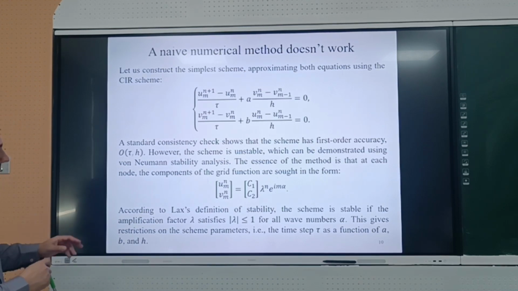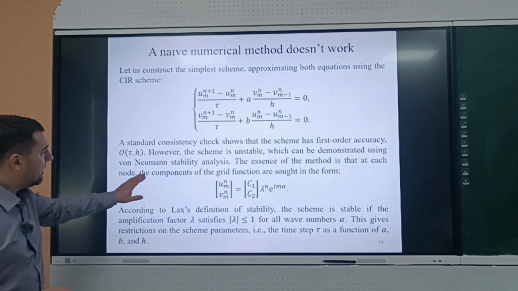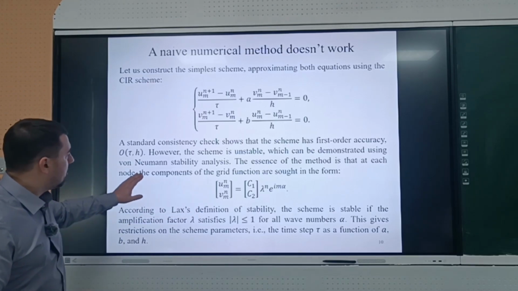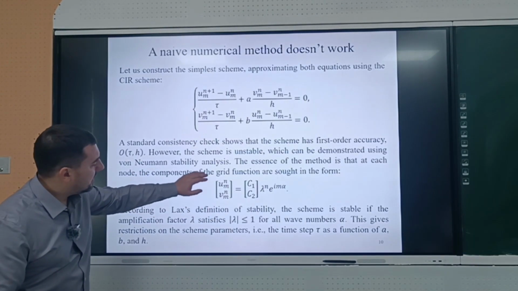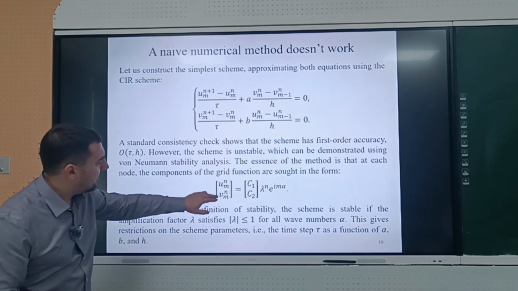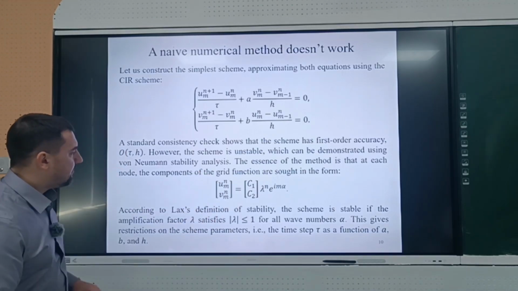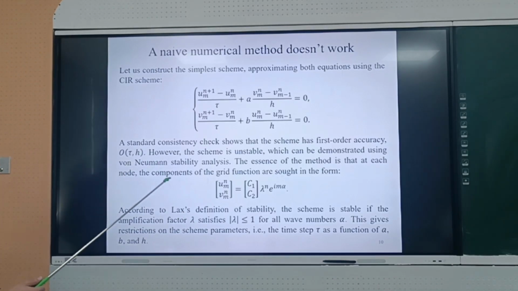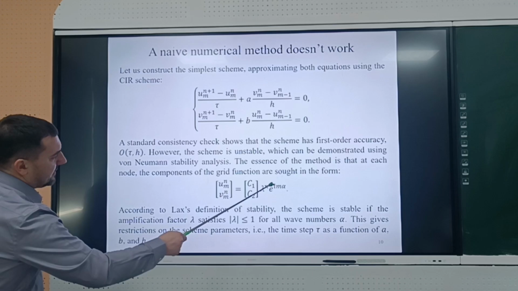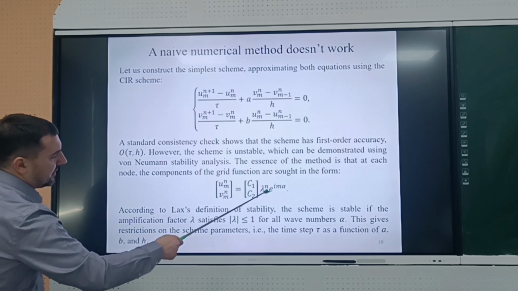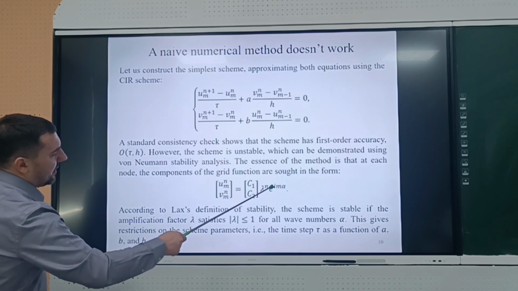But the essence of this method is the following. We choose the solution u_m^n, v_m^n in the following form: C1 or C2, lambda to the power n, times e to the power i m alpha.